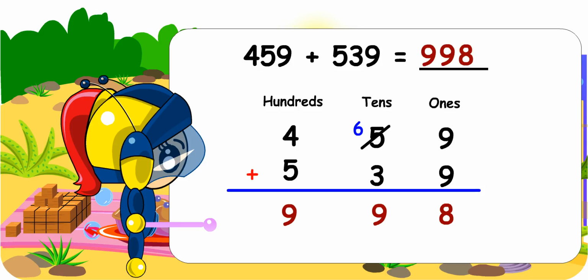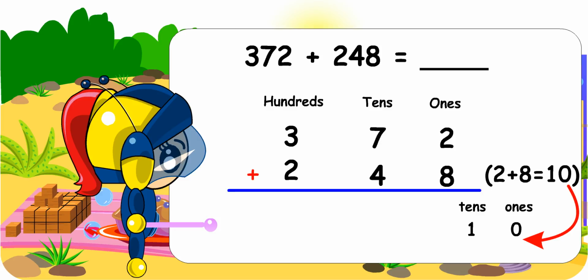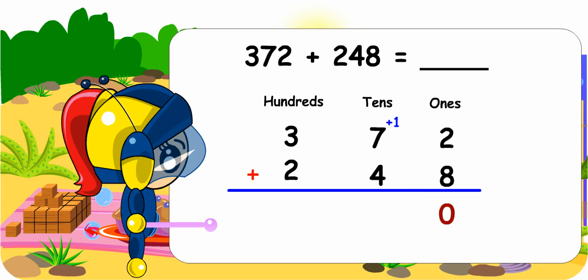Another question for you, Turbo Girl. First, I add 2 and 8 to get 10. I need to carry 1 ten over to the tens place. Then, I add 1 ten to 7 tens to get 8 tens.